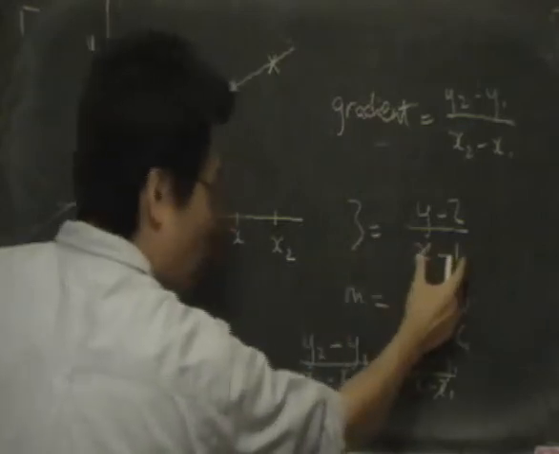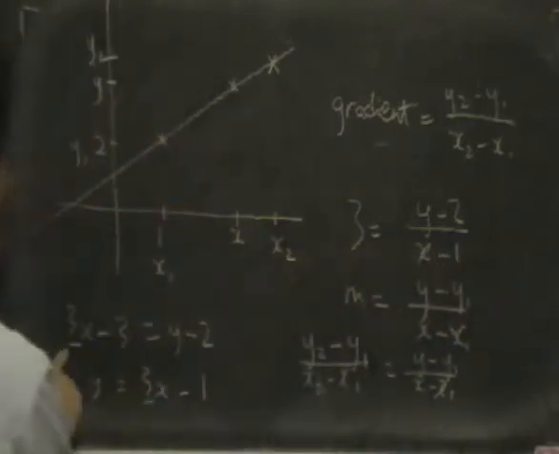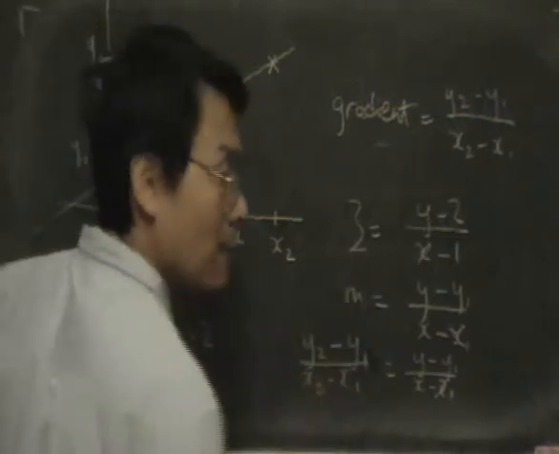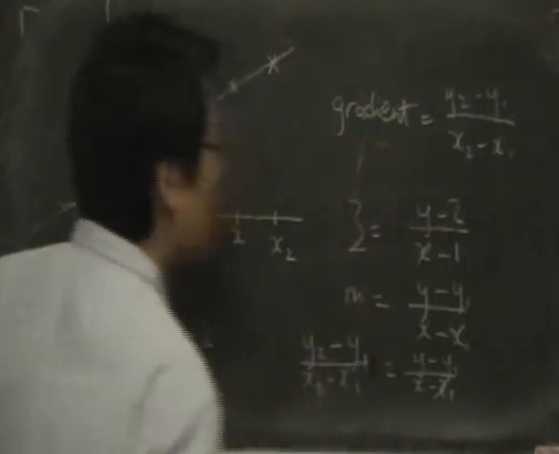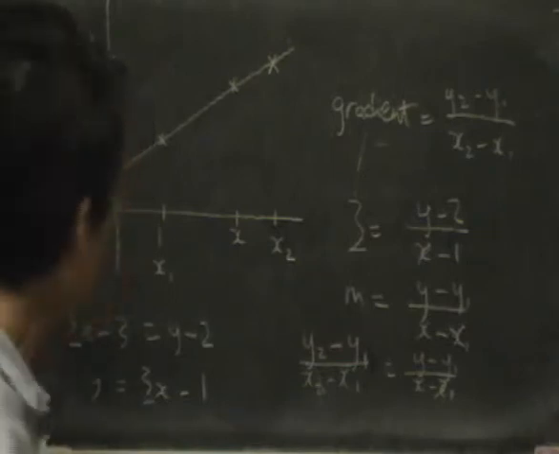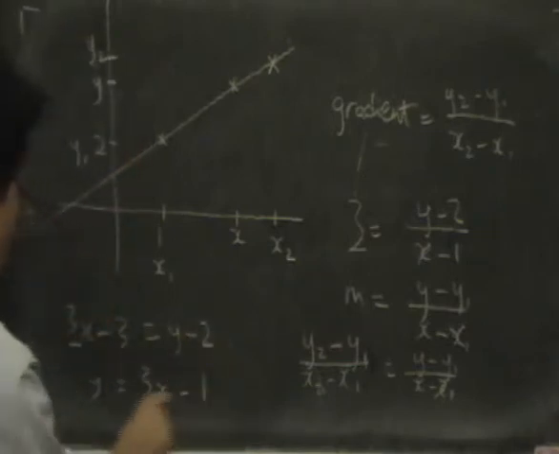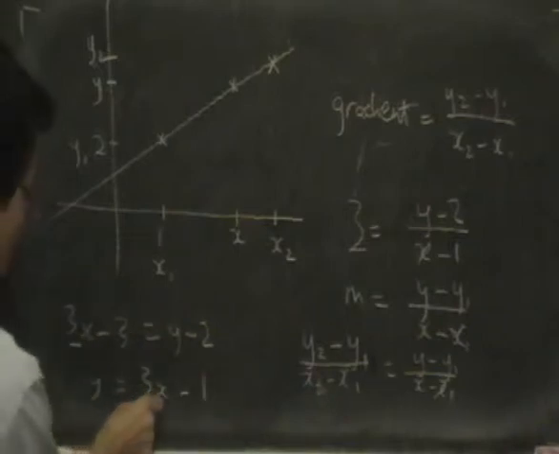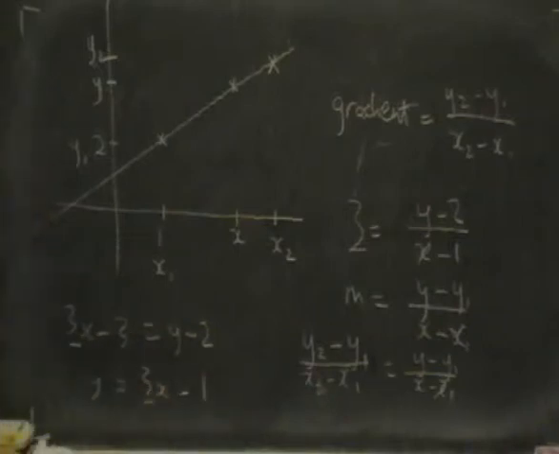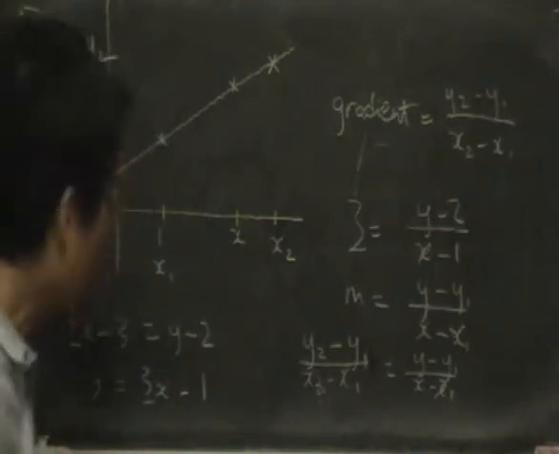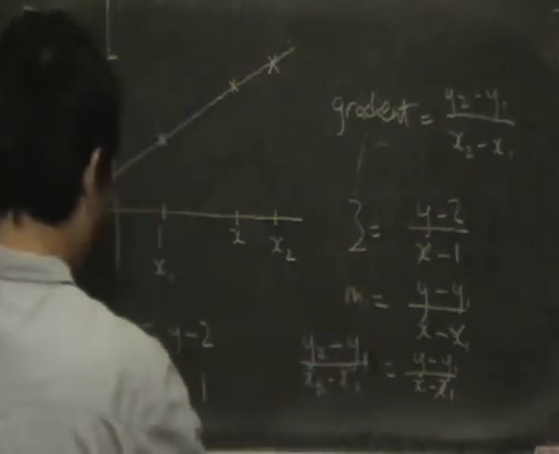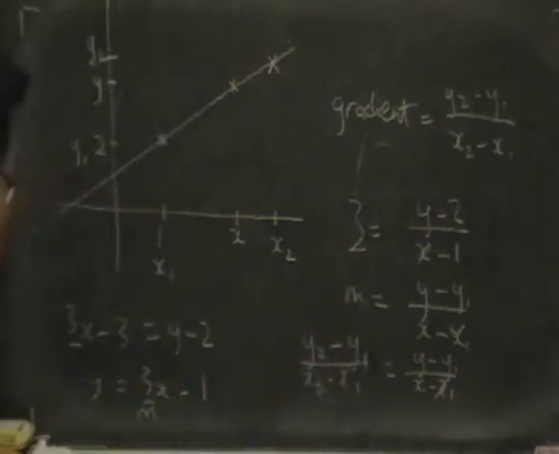When I bring this over to the other side, that's how I got the 3x, right? So the 3 there came from there. In other words, the 3 here was actually the gradient. So when you see a straight line equation in this form, the number that multiplies the x is the gradient. That is the m. So that's useful to know.